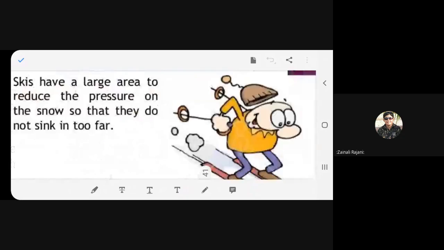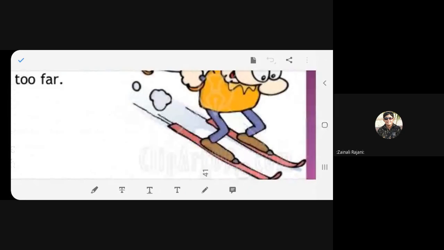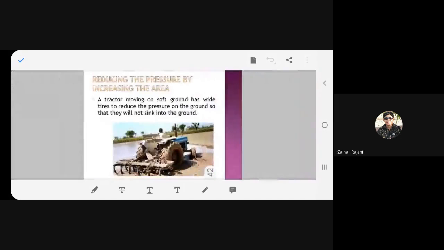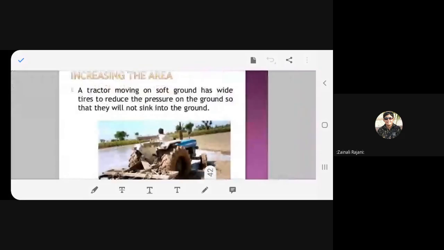So what we have done, we have reduced the pressure by increasing the surface area, and hence the ski moves easily on the snow rather than sinking in the snow. Okay, this is another example that we are going to work on.